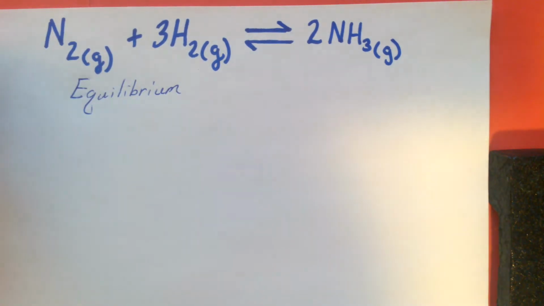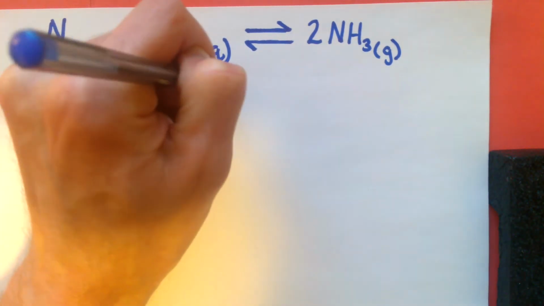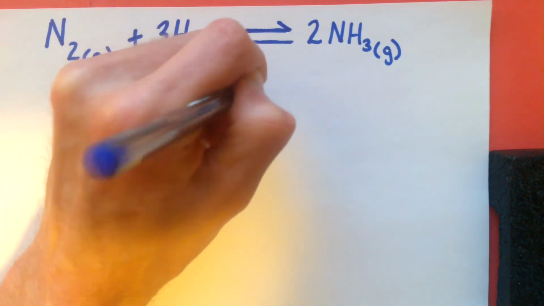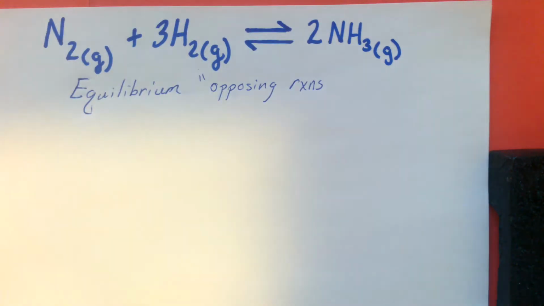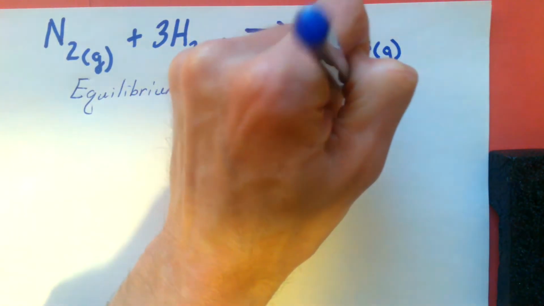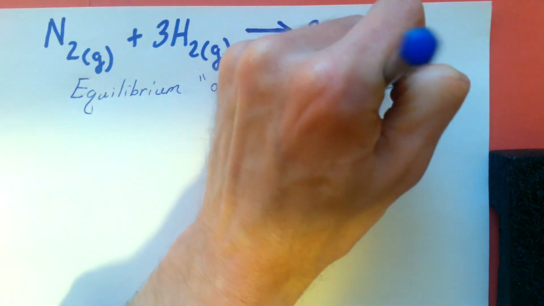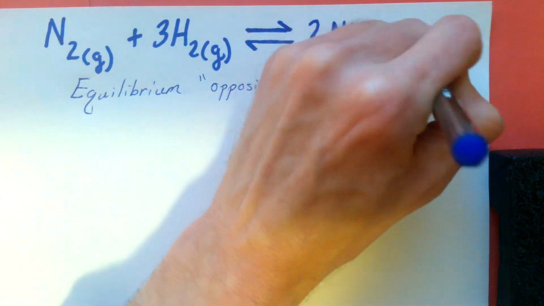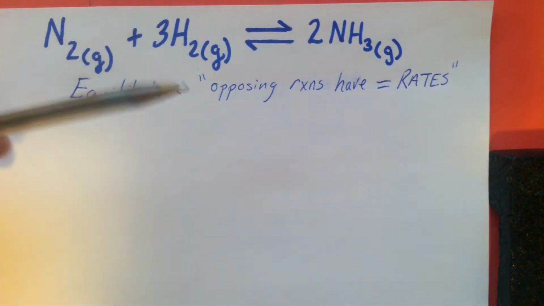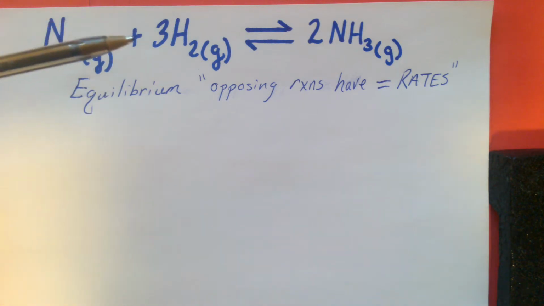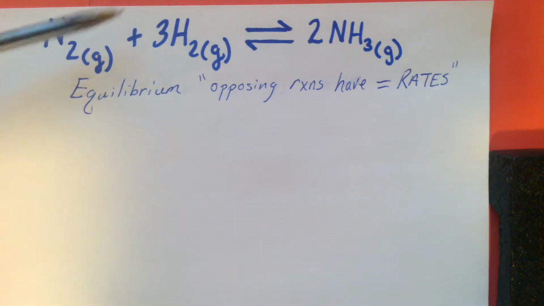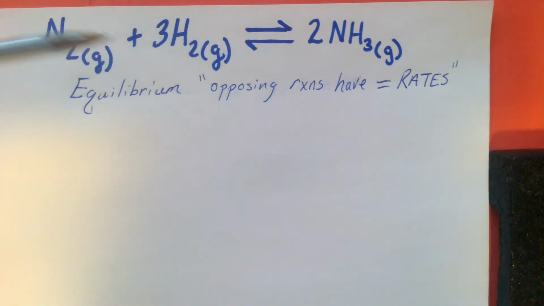So equilibrium is when opposing reactions have equal rates. Now I'm putting rates in caps here because I want you to remember that it's when these opposing reactions have equal rates, not when the compounds or the elements have equal concentrations.